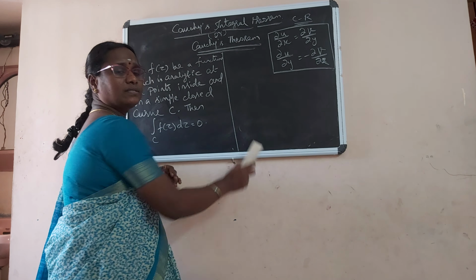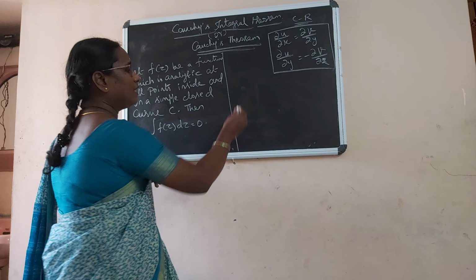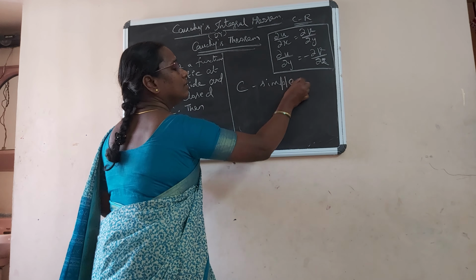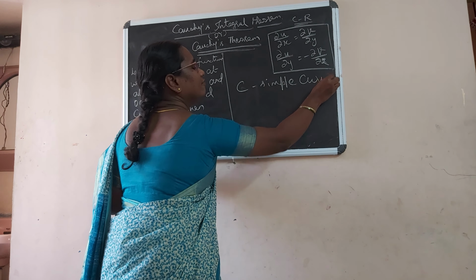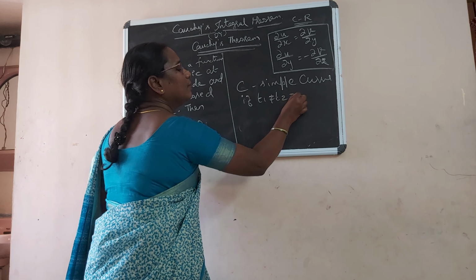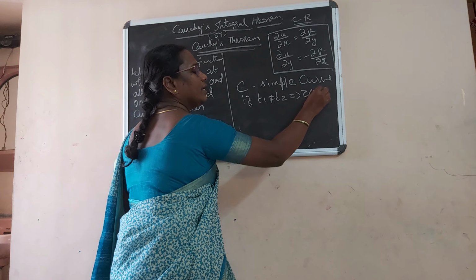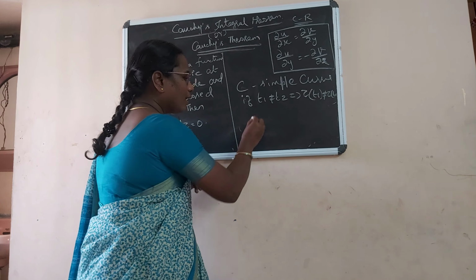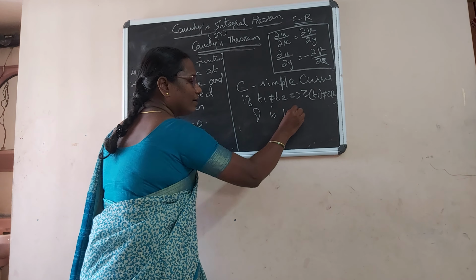Now, what is meant by a simple curve? C is called a simple curve if t1 is not equal to t2 implies z of t1 is not equal to z of t2, or equivalently gamma is 1 to 1.